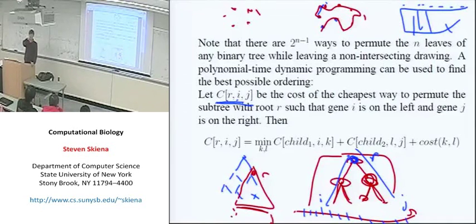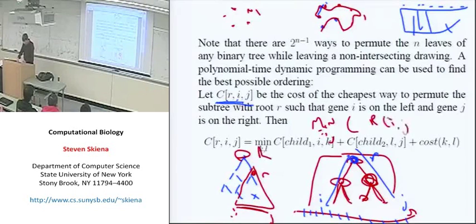Any questions about that? If I had this function and knew how to compute it, what would be the best possible drawing for the entire tree? It would be the min over all I and J of the cost from the absolute root to I, J. Does everybody see that? So if I can compute this thing, I can find the best overall drawing.